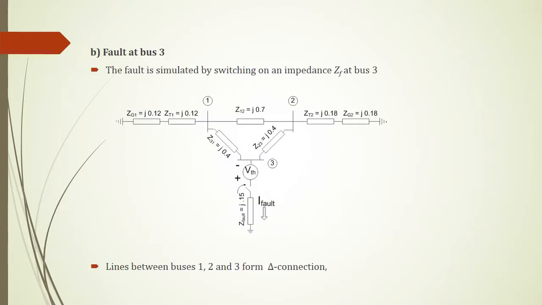Next, we look at the fault when it happens at bus 3 like this. We simulate the fault by switching on an impedance ZF, or Z fault, here at bus 3. The analysis in general is very similar to the first case.